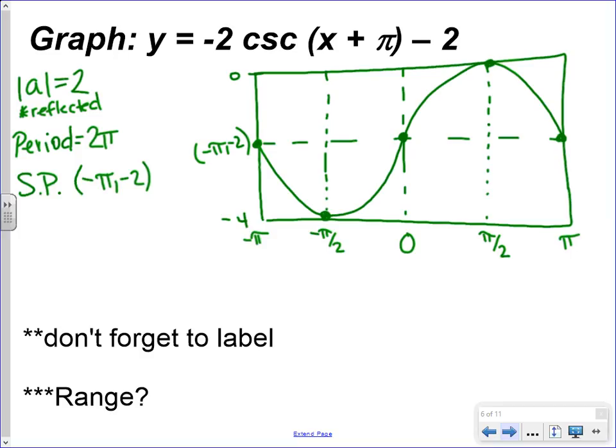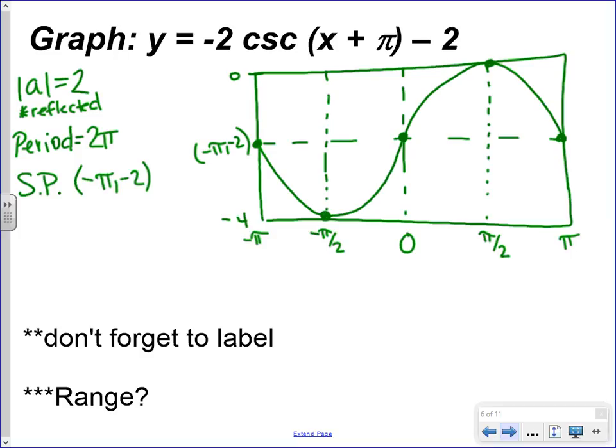Then what we will do is draw in our asymptotes and our U's, okay? Now, on the parent function, our asymptotes occur where our sine is 0. Since this has been transformed, we are going to keep it with where our asymptotes get shifted around too, all right?